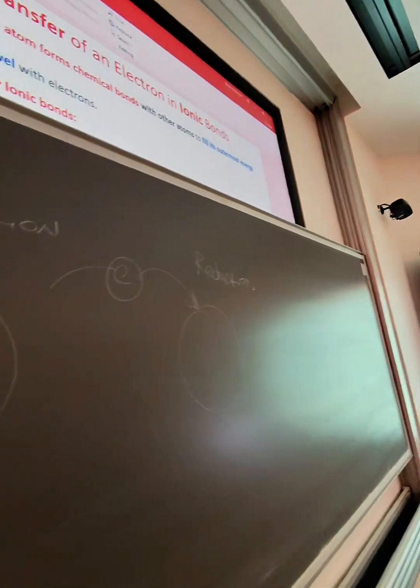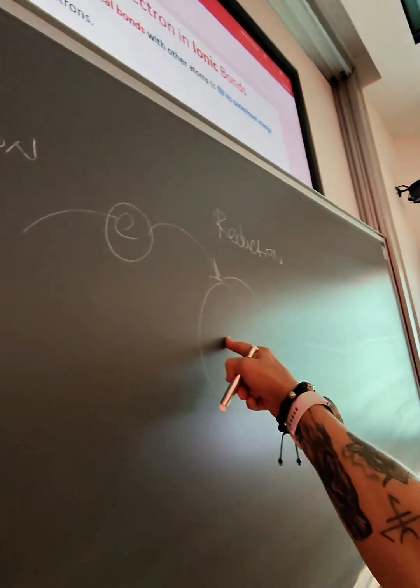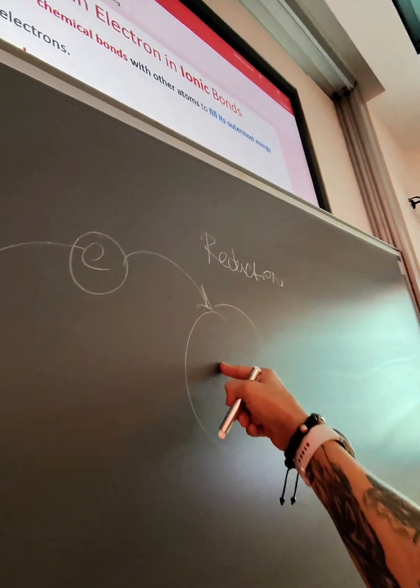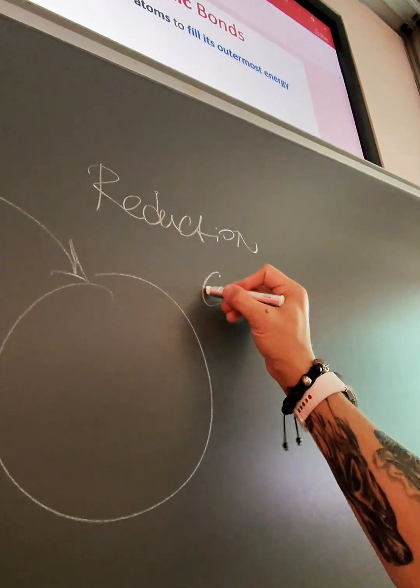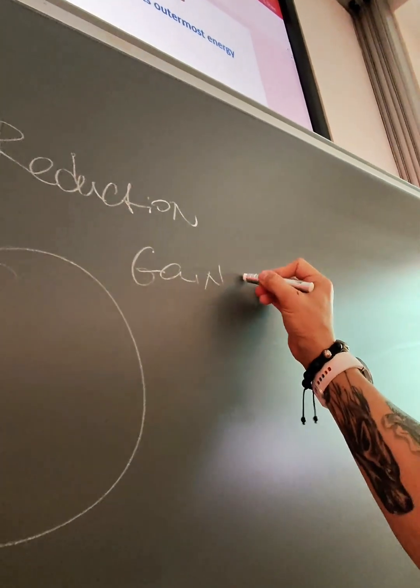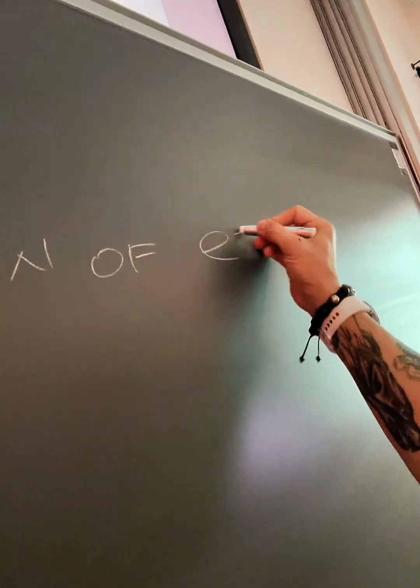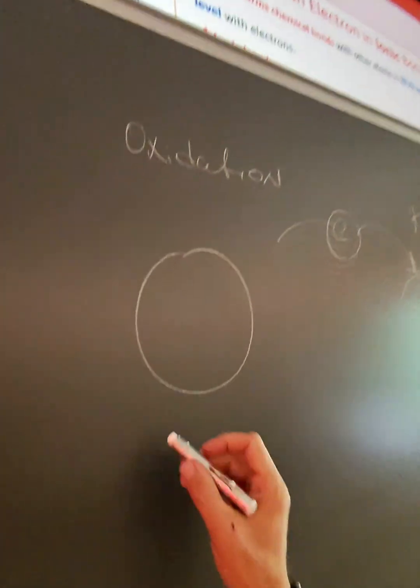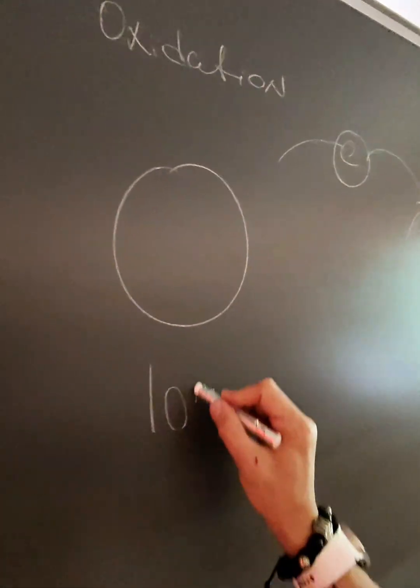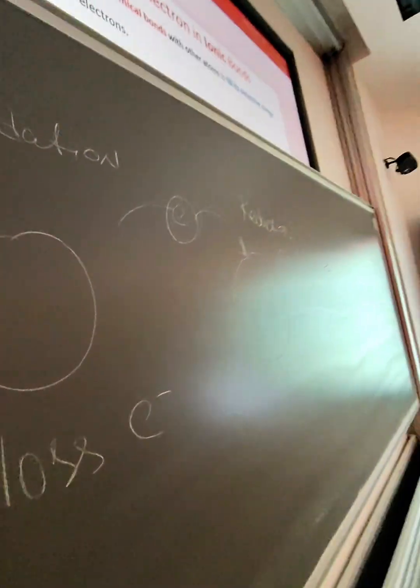So I can reduce this molecule by giving it an electron. Reduction is a gain of an electron, and oxidation is a loss of an electron.